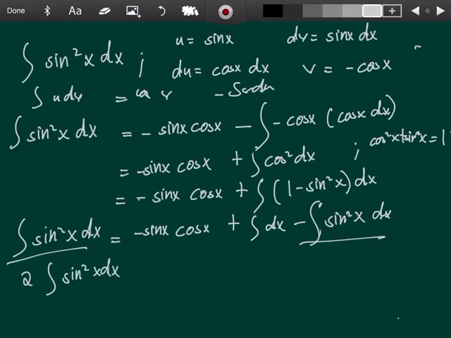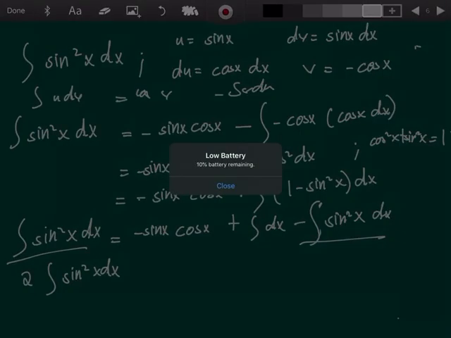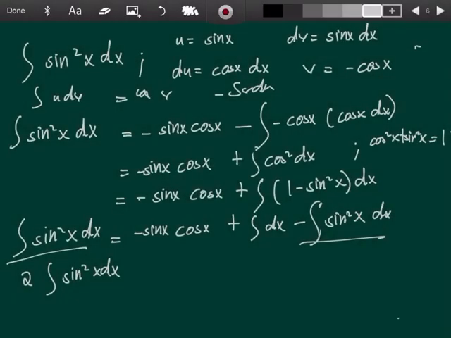Bakit naging ganyan? Kasi i-add mo sila. Integral of sine squared x dx plus sine squared x dx, that's it. So, is equal to negative sine x cosine x plus integral of dx. Anong integral of dx class? That is x plus arbitrary constant c.